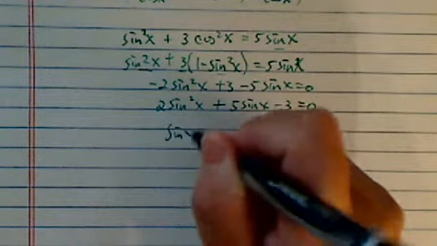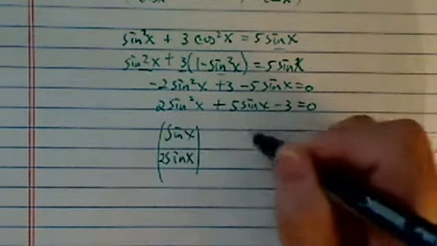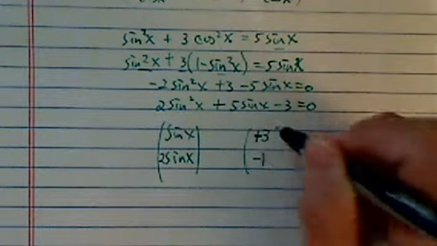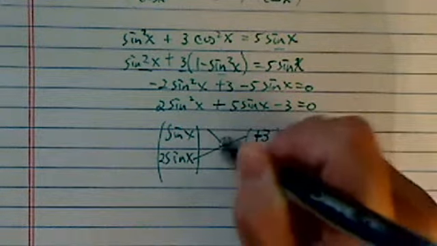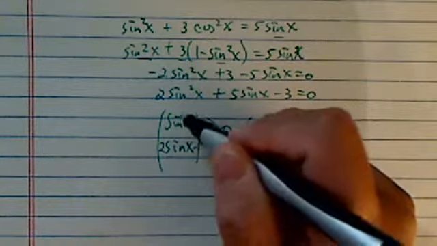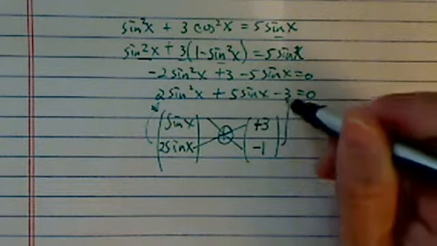We have a sine x. I'm going to write it down this way: 2, and I have a 3 over here. I'll have a plus and minus 1 here. I'm going to cross multiply and add. If you don't see this one, that's all right. Basically, multiply up and down, I should get this one.